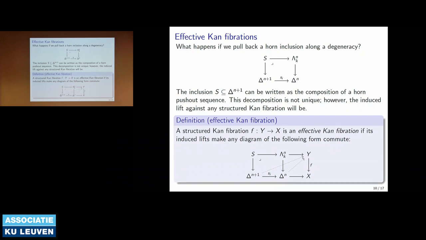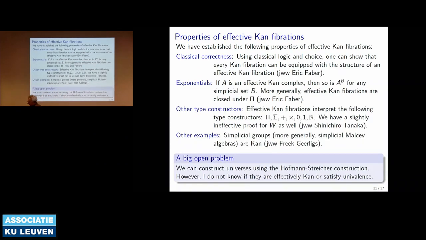And when I take this horn, and here's my favored lift, and I pull it back, I get this thing against which I also have a favored filler, which I can write over here, and then these two choices should be compatible. So this triangle here should commute. This is the uniformity condition that we have for these effective fibrations.